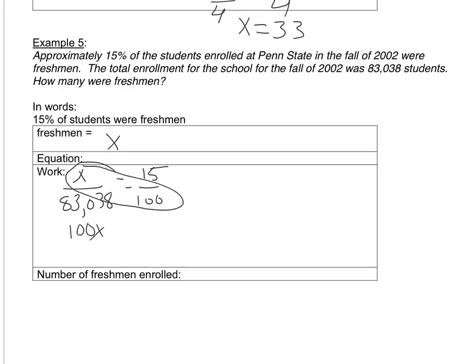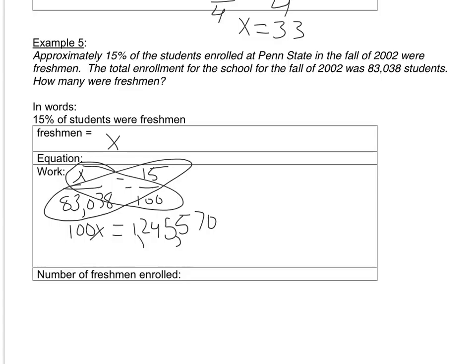So you have 100x equals 15 times the 83,038, which is 1,245,570. Okay, we're good there.